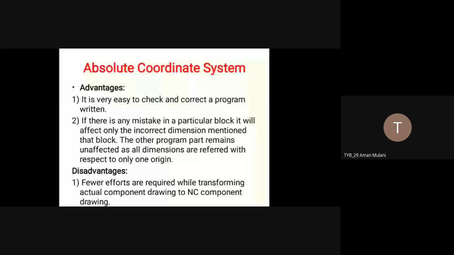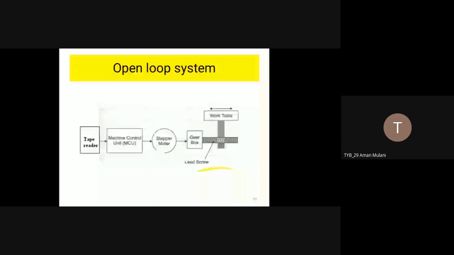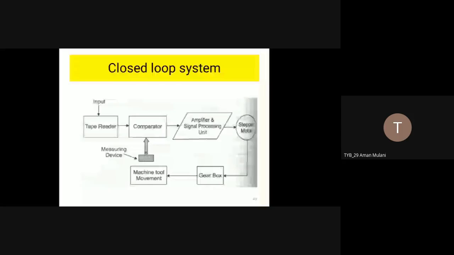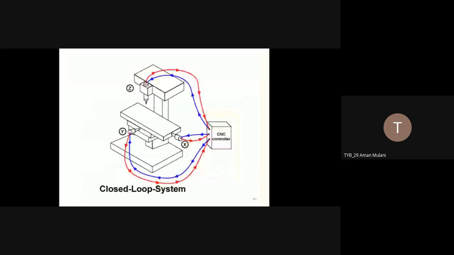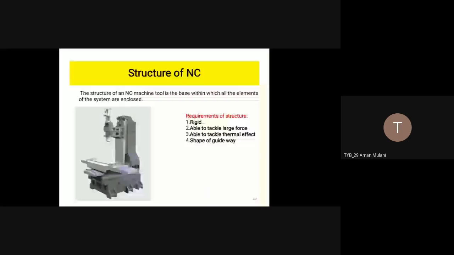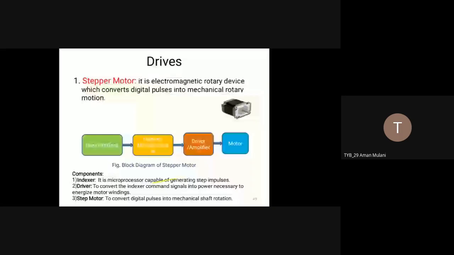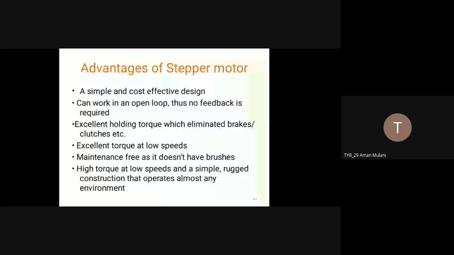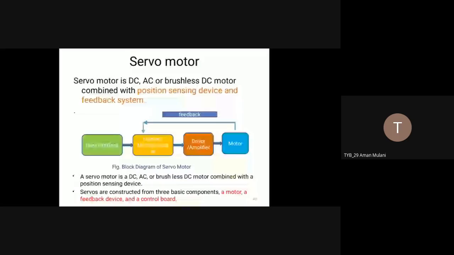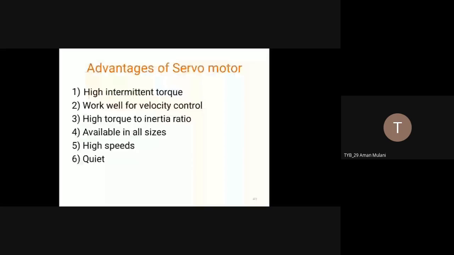So totally, what are the advantages of this NC manufacturing system over the conventional manufacturing system? There are some major parameters, like we are using some advanced techniques in manufacturing in terms of programming, in terms of control units, and for tooling purposes.